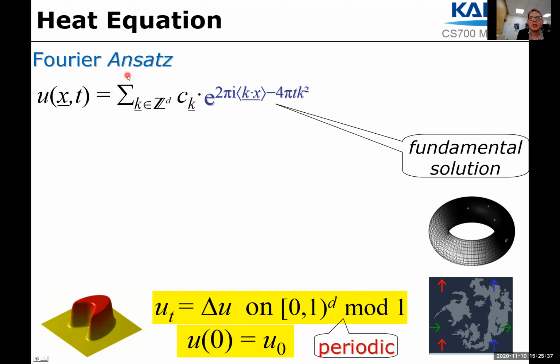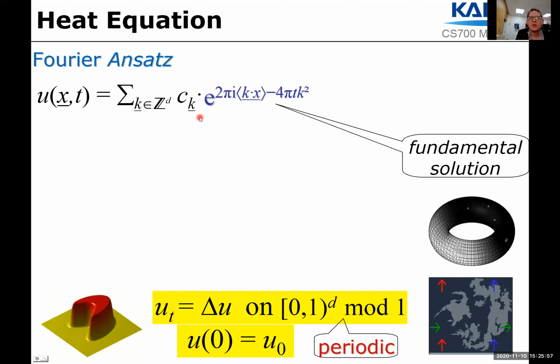And you also see why it's called Fourier ansatz, because if we plug in t equals 0, then this is just your ordinary Fourier series, and the ck are just the Fourier coefficients of this periodic function.